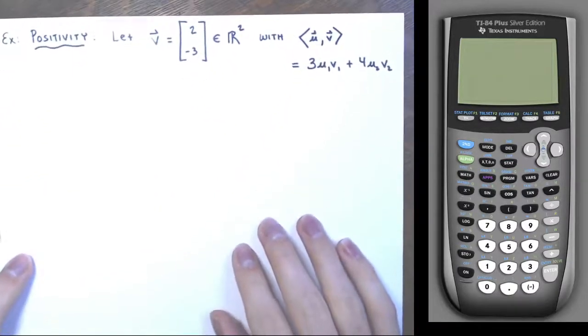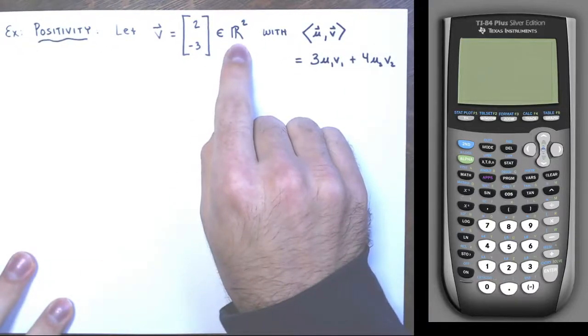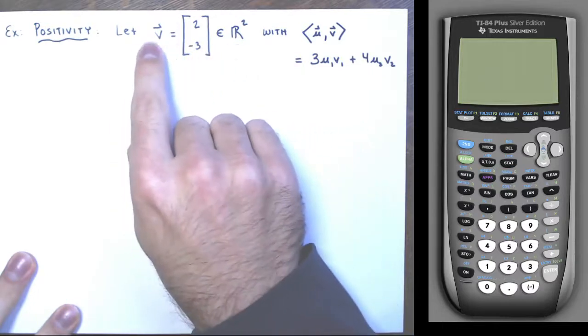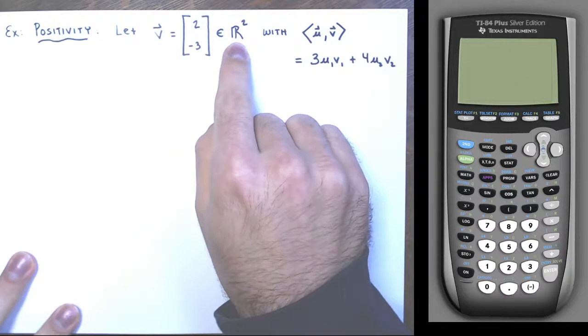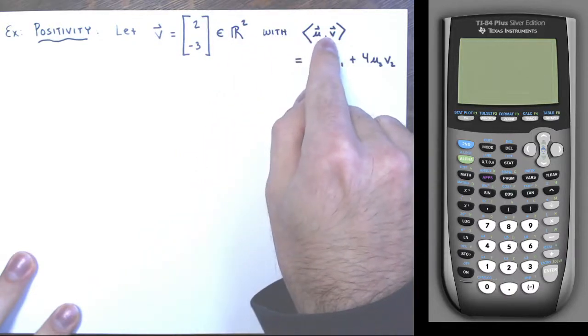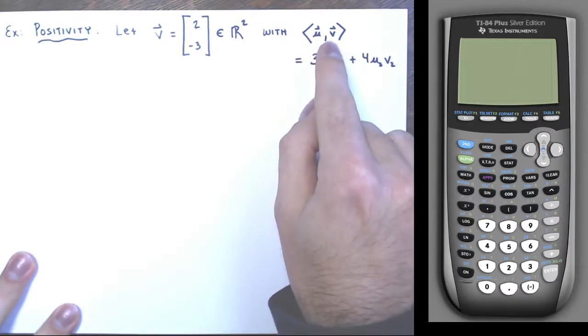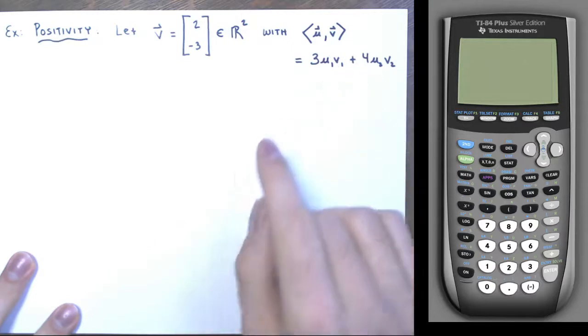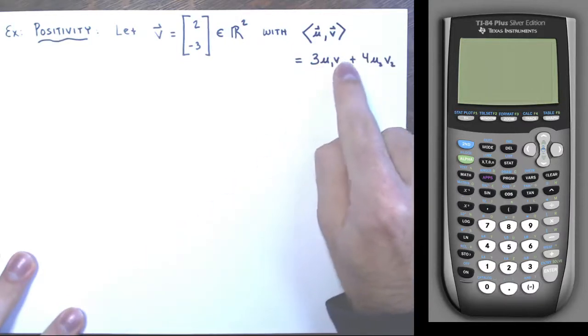Alright, so my first example is to demonstrate positivity. I know it's a Euclidean space. Let v equal, let's say, the vector (2, -3) in R2. But this time, instead of the inner product being the dot product, the inner product is one of those weighted Euclidean inner products, where it's like the dot product, but the coefficients aren't 1.